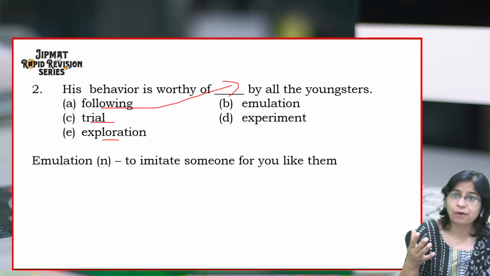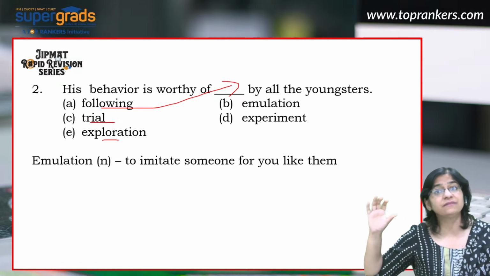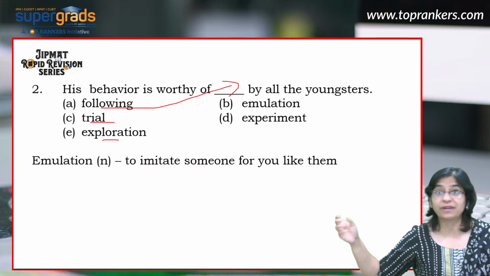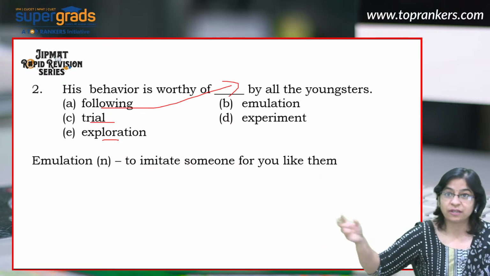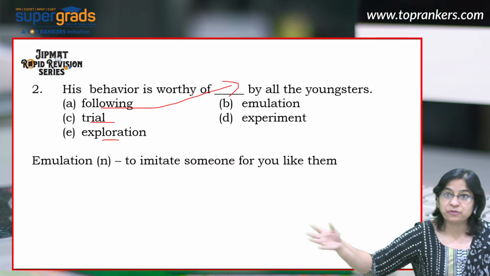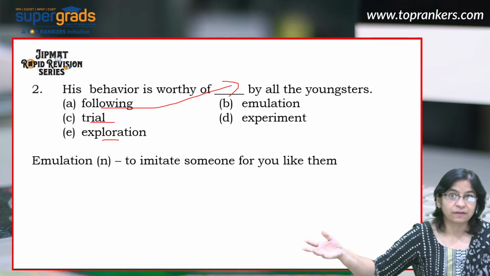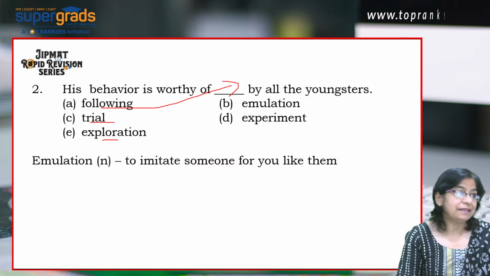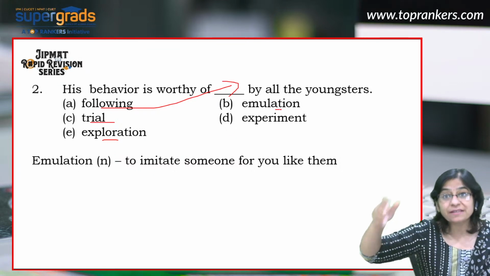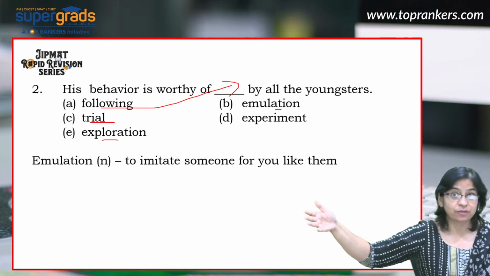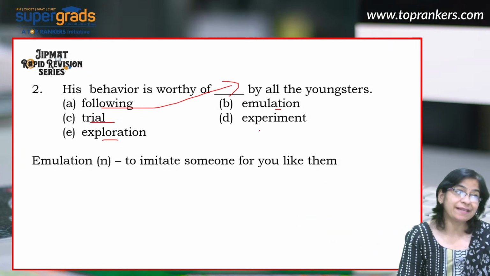Exploration is out of context because exploration is when you go in search of something. So you're an explorer, you go to the Himalayas, you go to Mount Fuji, and you go to, say, the Amazon forest, and you try to find something. Exploration. Emulation is to imitate someone. Imitate is follow, copy someone because you like what they're doing. So you're emulating them. Or experiment.